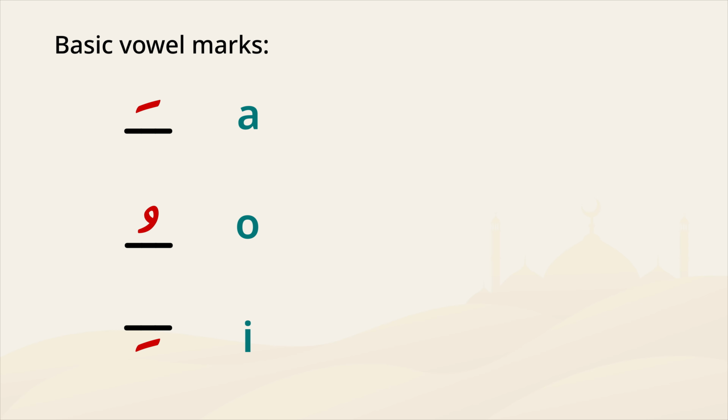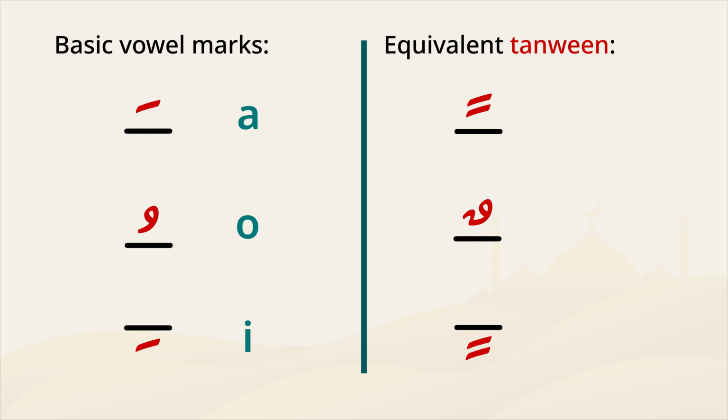When these vowels are doubled to form tanween, an additional N sound is added to the pronunciation. So, a becomes an, u becomes un, and i becomes in. This creates three distinct sounds: an, un, in.